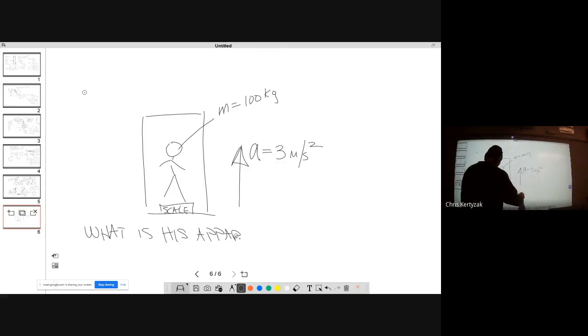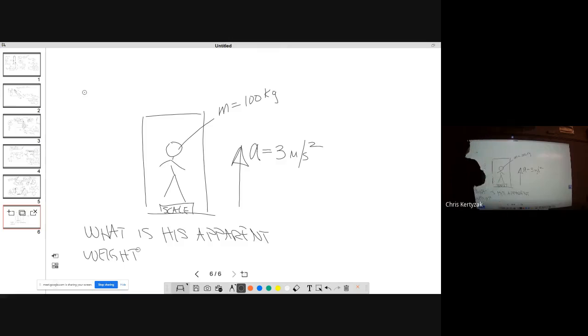When they say his apparent weight, and that's exactly the word they use, apparent means that it appears to be a certain weight, but it's not his real weight. When this elevator is just standing still and not moving, then, for me, I see about 200 pounds on my scale.